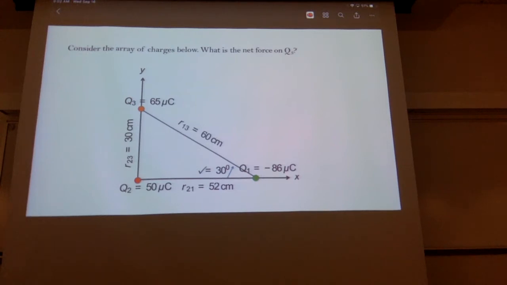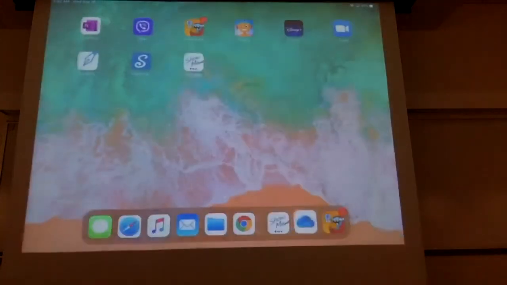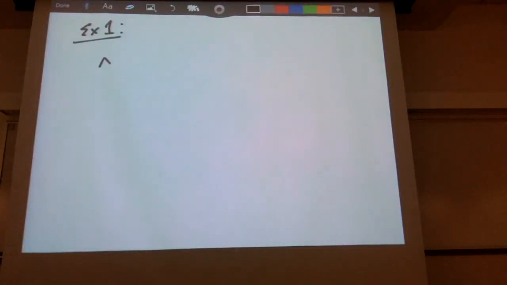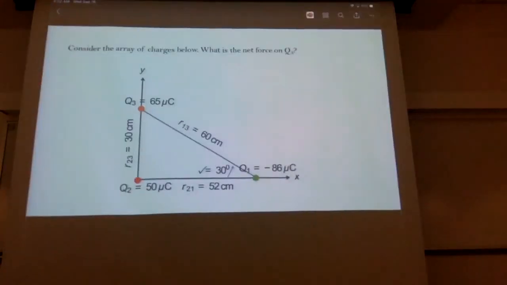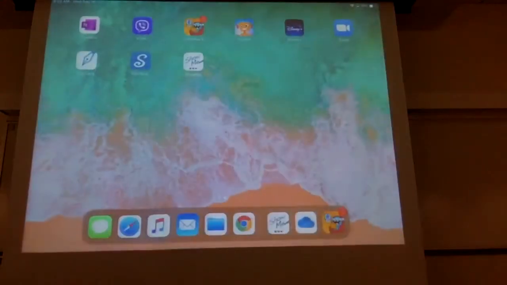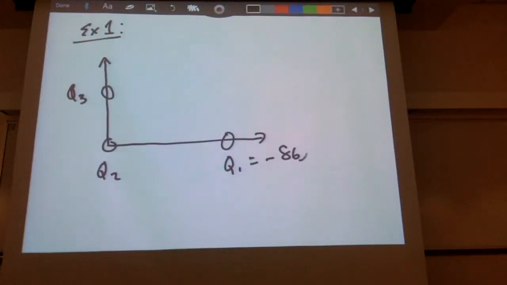So let's bring up some artistic skills here. Here is my array. Q1 we know is out here, so this is Q1. We have Q2 here at the origin. We have Q3 some distance up here, so this is Q3. The charges are minus 86, 50, and 65, so minus 86 microcoulombs, 50 microcoulombs, and 65 microcoulombs.